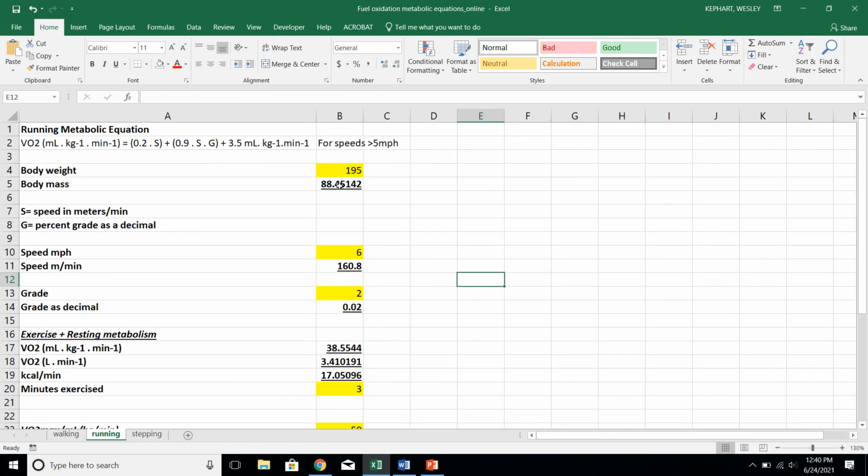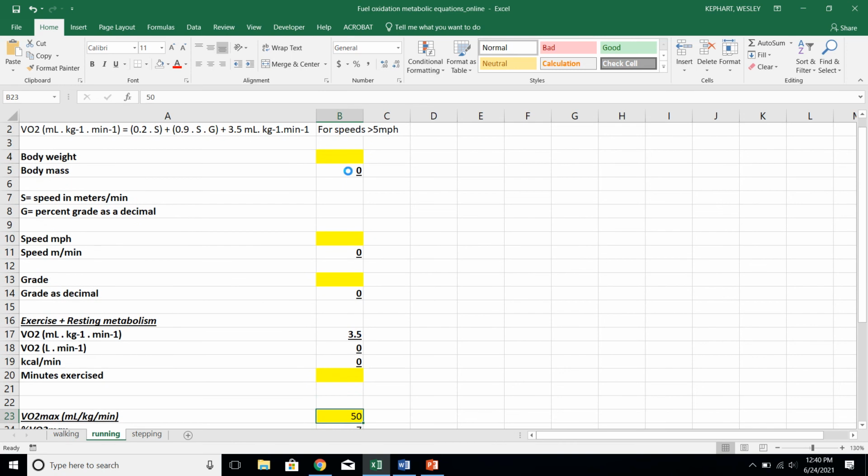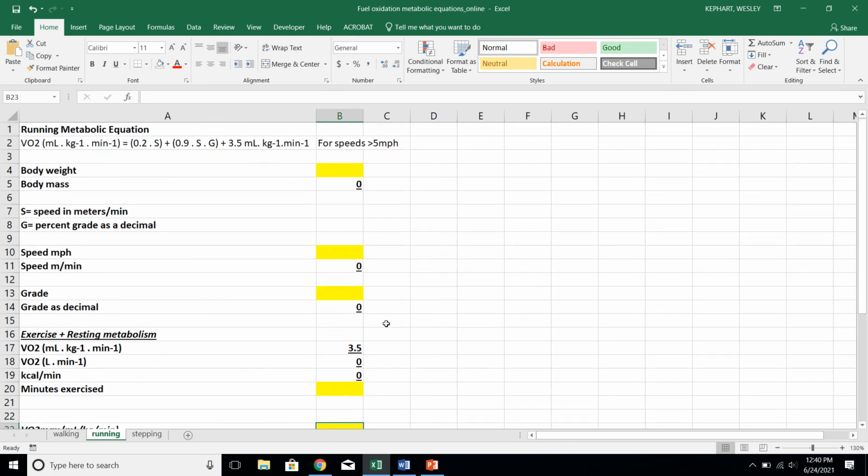Let's take this away. I just had some values in there for us. All right. So let's look to see how this equation works. Body weight needs to be in pounds. So let's say that I weigh 163.